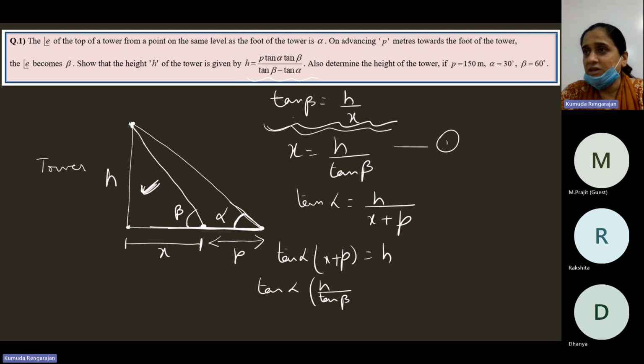So you work with the second equation and you cross multiply and all that. You have 2 terms in the LHS and 2 terms in the RHS. Of the 4 terms, 2 terms have h in them. You should have the h terms on one side and then take out h common. That's how you can find the expression for h. All right. So see here.